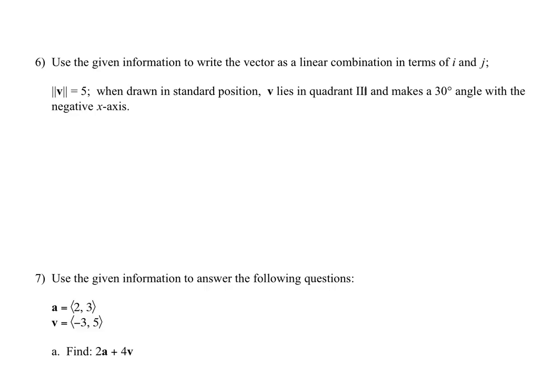So we can write this then, the x component of the vector is the magnitude times the cosine. So if it makes a 30-degree angle with the negative x-axis, that means the actual angle of the vector from the positive x-axis is 150 degrees.